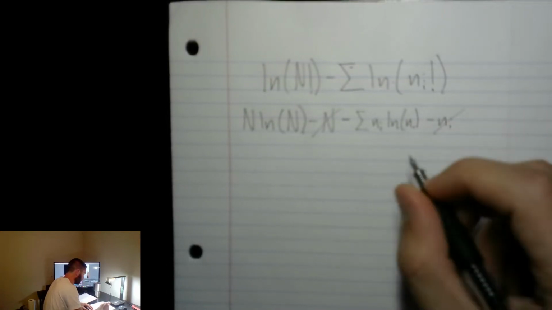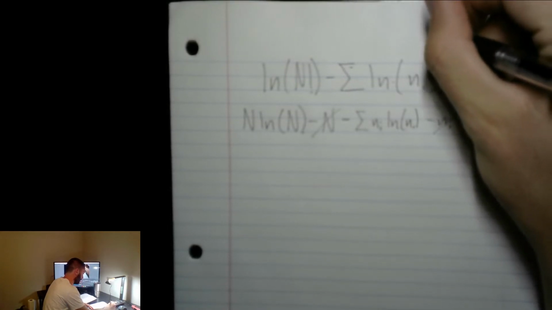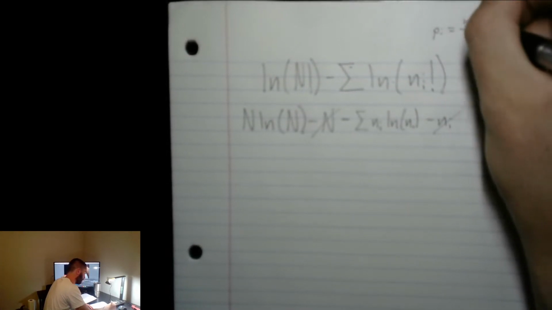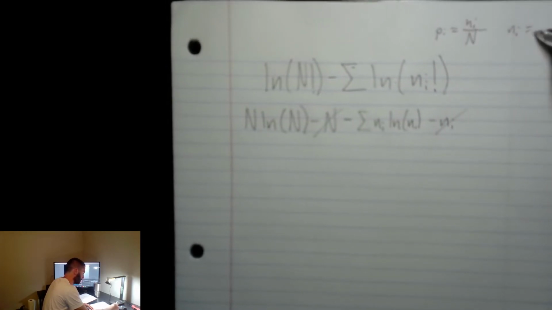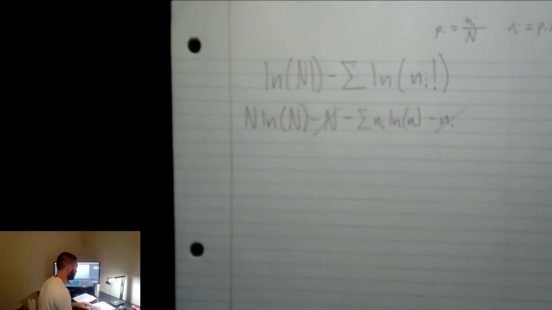So now, if we want to simplify this a little more, we can get probability in here. The probability of a student being in any group is the number of students in said group over the total number of students, so the number of students in each group is equal to the probability of being in that group times the total number of students.